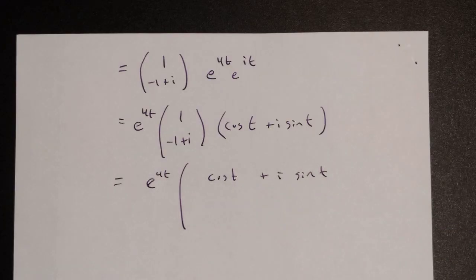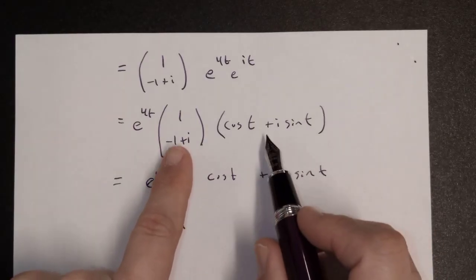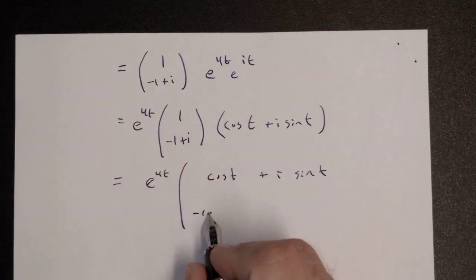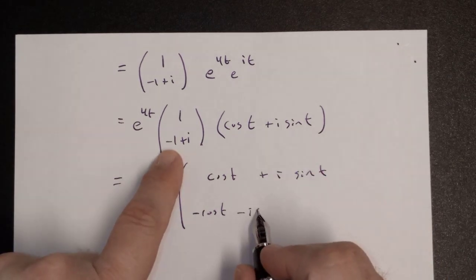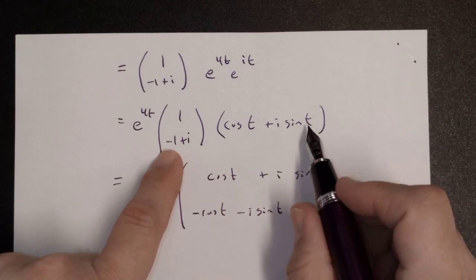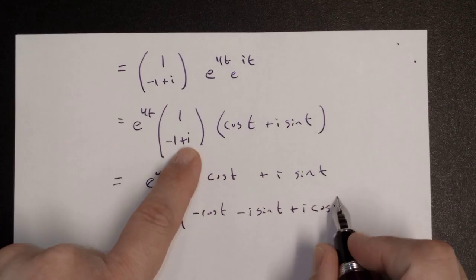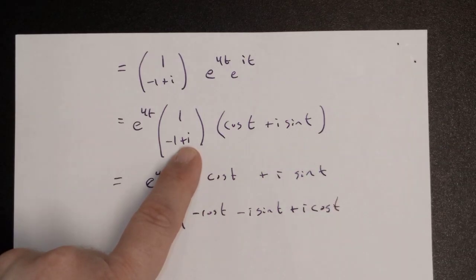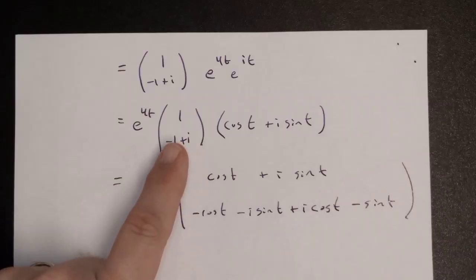But on the bottom, I've got to multiply two complex numbers together. I'm going to multiply this cosine times the -1. I'm going to multiply the -1 by the i sine, minus i sine t. Then I'm going to multiply the i by the cosine t. And then I'm going to multiply the i by the i sine t. What's i times i? So I get minus sine t.